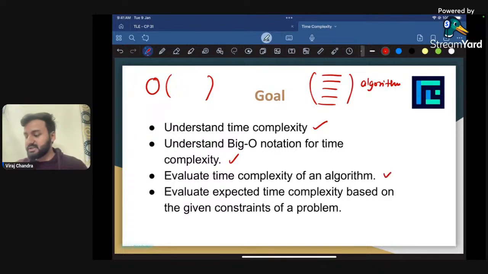And then the most important and fun part of this class: after understanding all the general paradigms of time complexity, tomorrow if I sit down and solve a problem, how do I get the intuition that I could have solved this problem during the contest using this algorithm? Or what would have been the expected time complexity of this problem? That is another goal we have to cover today.